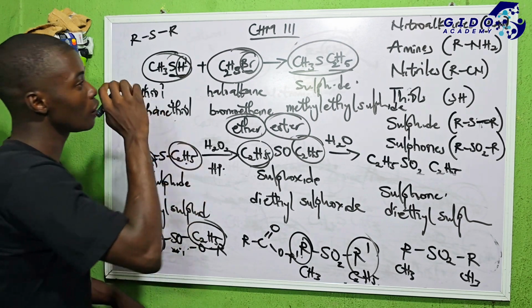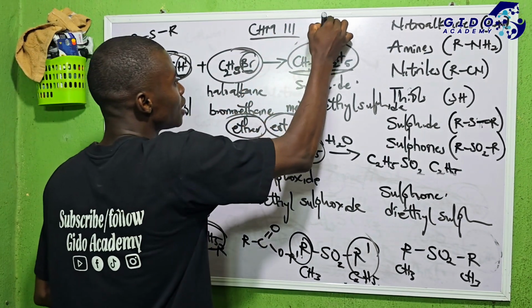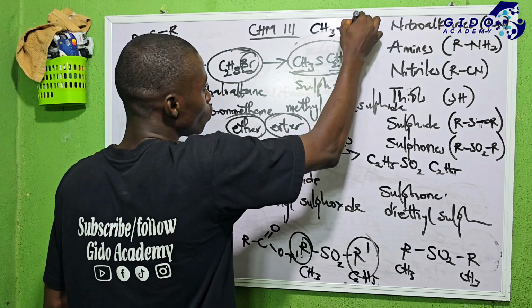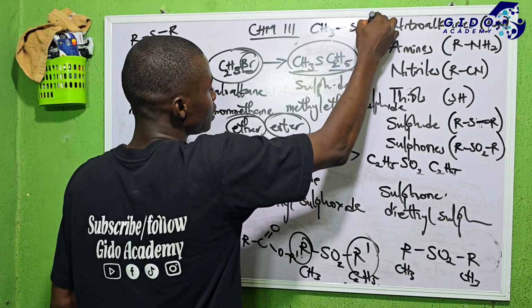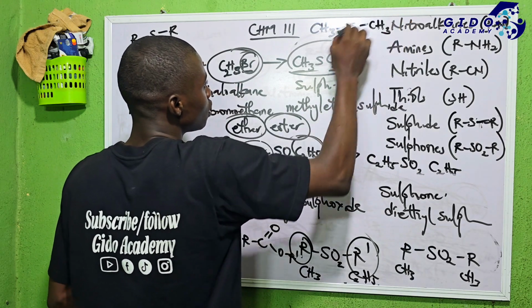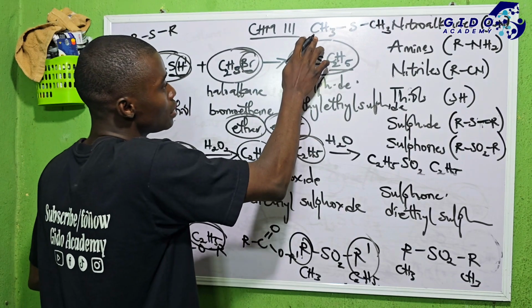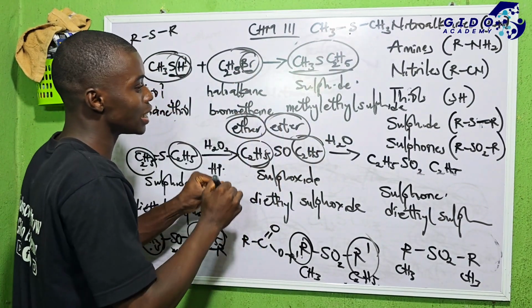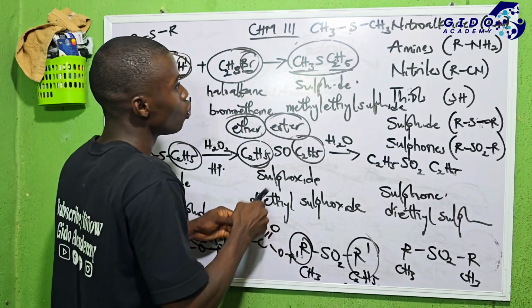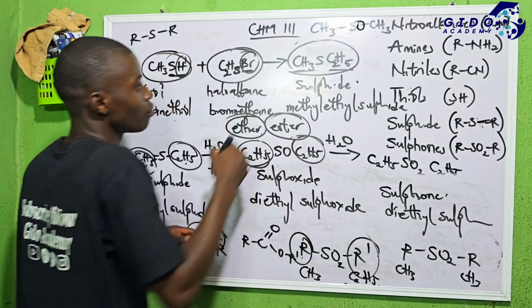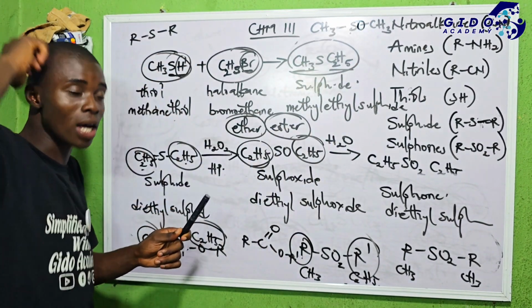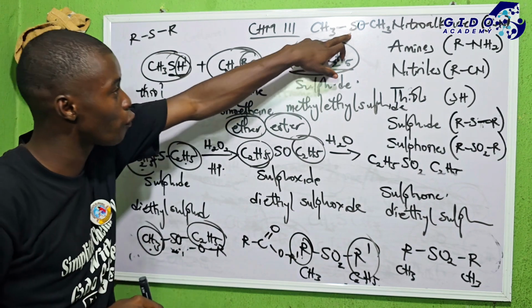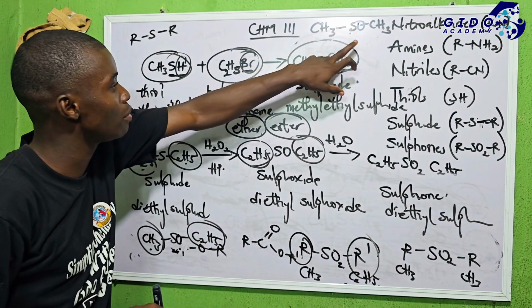Assuming you remove one of the oxygens here, it is now methyl ethyl sulfoxide. Let me give you something real quick again. If you have CH3, here is S, here is CH3, we can call it methyl sulfide or dimethyl sulfide. When you put O here, which is the oxidation of that sulfide, it is going to give us sulfoxide. So this is dimethyl sulfoxide.